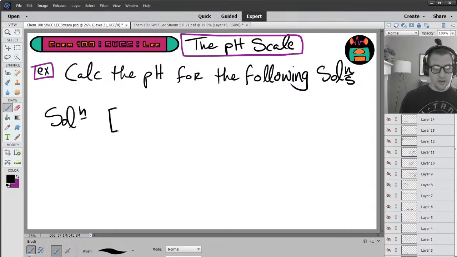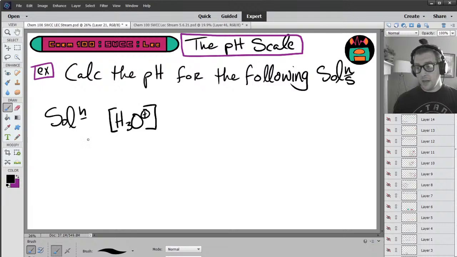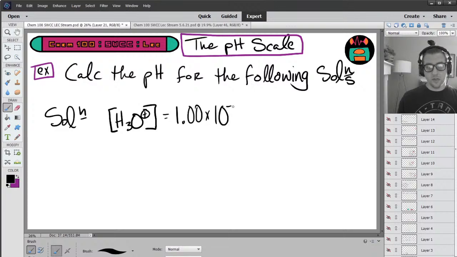Solution 1 has a concentration of 1.00 times 10 to the negative 12.